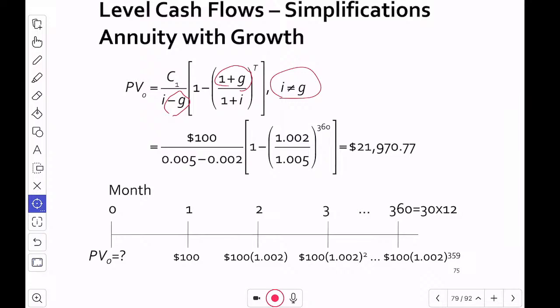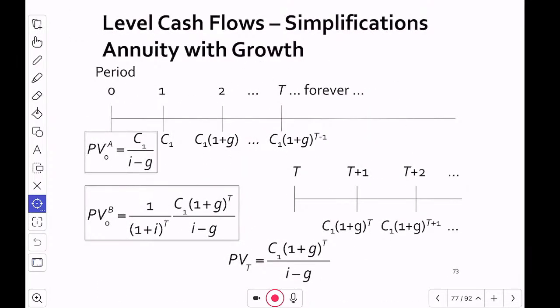So let's go look at what I did here. This technique is really important to understand. Deriving these formulas is very important to understand at this stage in your education or career. This is the timeline for a perpetuity with growth, if you remember. C1 is the first payment, and then growth kicks in, a factor of 1 plus g.